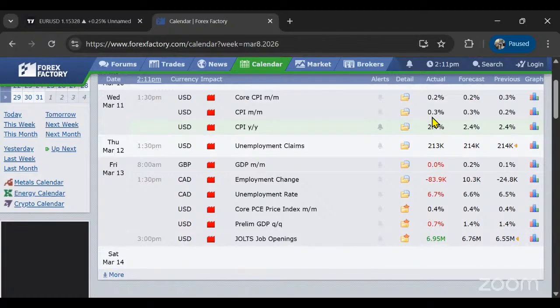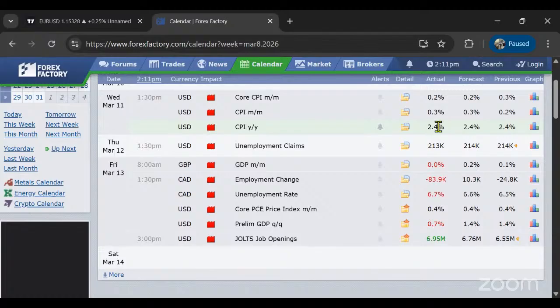So if you pay attention, you see that 0.3% here is greater than the 0.2%. So we say that the currency is good. That means the currency is going to go up in value. Then if you see 2.4% and 2.4%, the currency is also good because it is no lower.